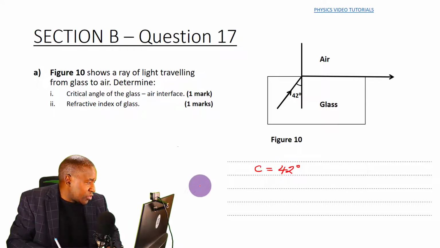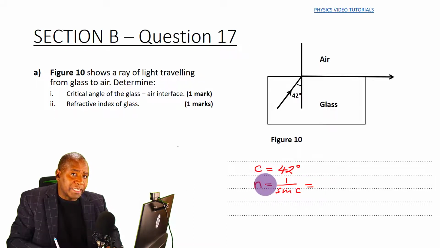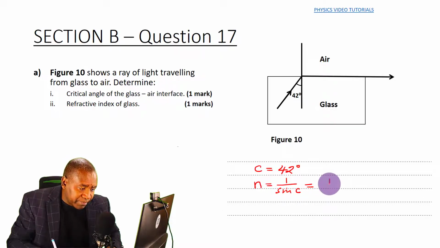Then we are asked to calculate the refractive index of glass. So we remember that we can calculate the refractive index of that optically denser medium if we know the critical angle. So that's it. The refractive index of glass is 1 over sine C, where C is the critical angle of that particular medium.